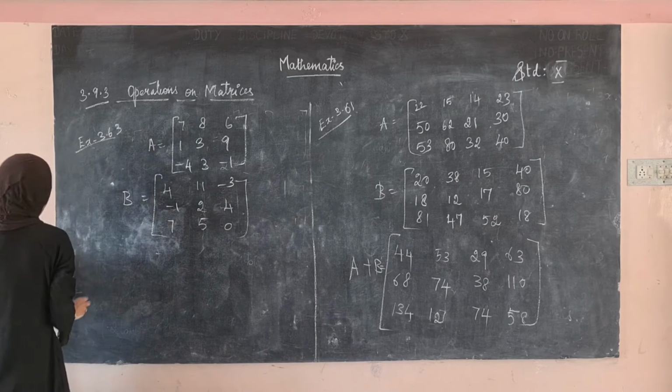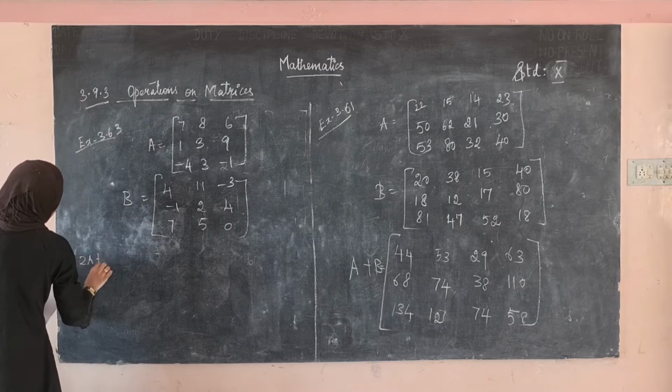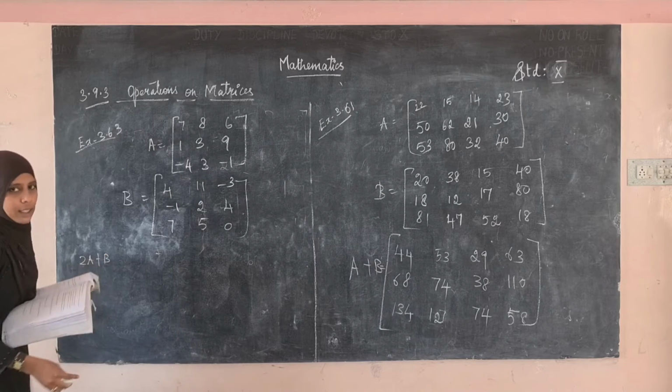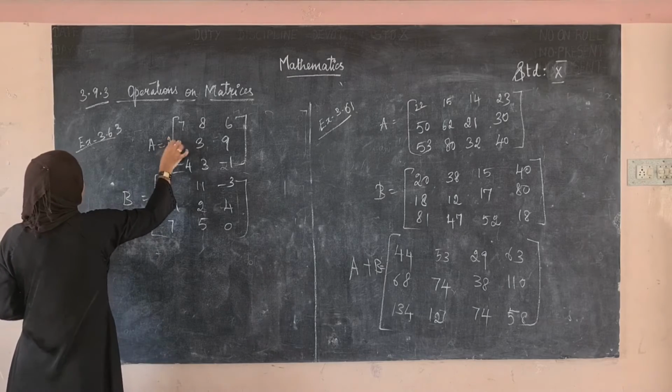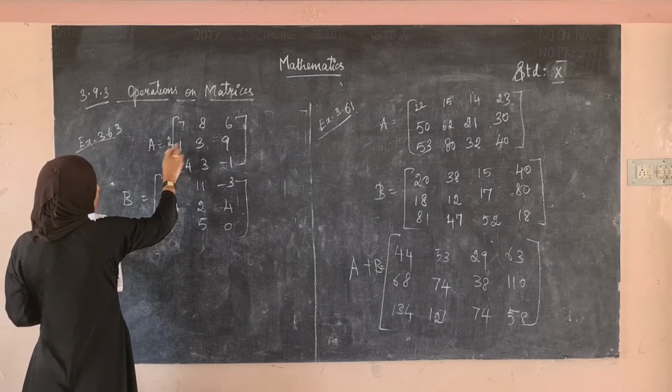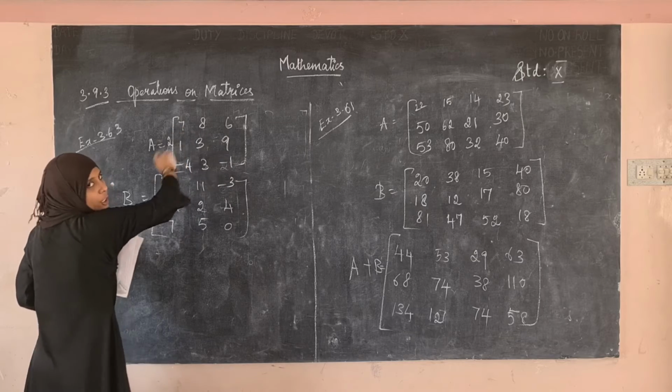What we have to find? We have to find 2A plus B. What is 2A? This is the scalar multiplication. We have to multiply the number 2 with this matrix. That is, we have to multiply all the elements in the matrix A with 2.